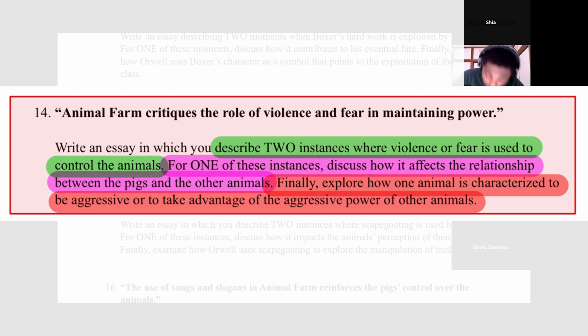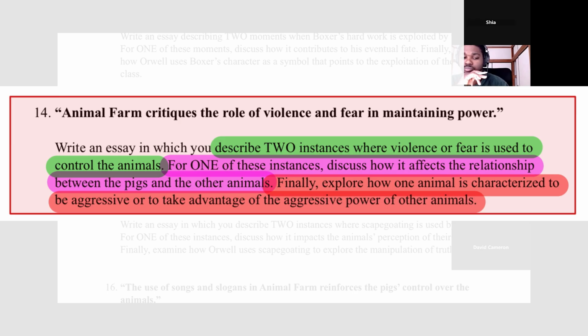That makes sense. The 2 instances I have are when Napoleon uses the dogs to chase Snowball, and the second instance is when Napoleon uses the dogs to kill the animals who were allegedly accomplices of Snowball. The instance that affects the relationship between the pigs and the other animals is when Napoleon uses the dogs to kill the animals.